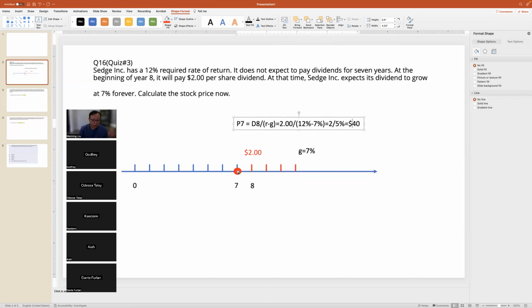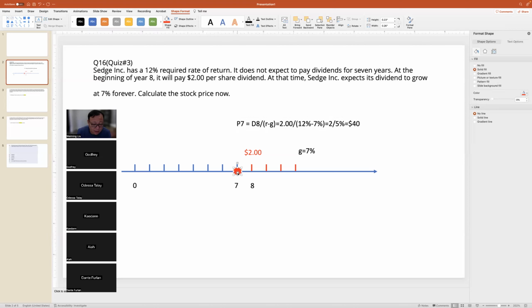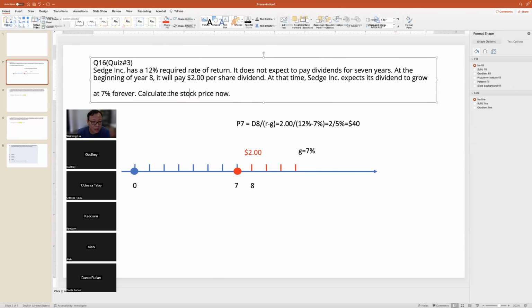So the price at year 7 is $40, but the question is about year 0, the current price. The question is to calculate the price now.